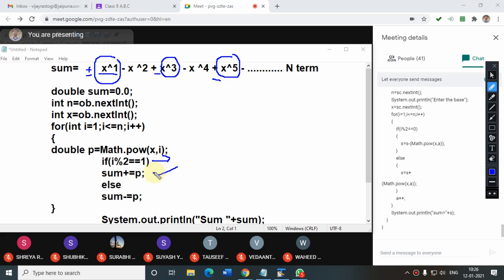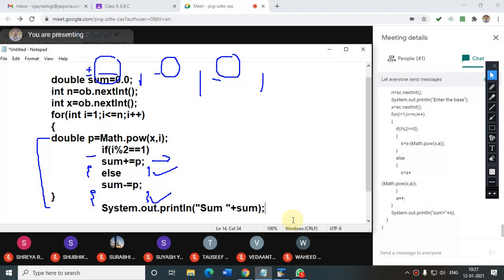So now we are adding. But if it is even, in that case the same value, the power, x to the power 1, x to the power 2, x to the power 3, we are subtracting, and ultimately we are printing the result after the loop. And if you are putting braces, like Kavyansh has missed one, you need to put braces here like this. Am I clear now?